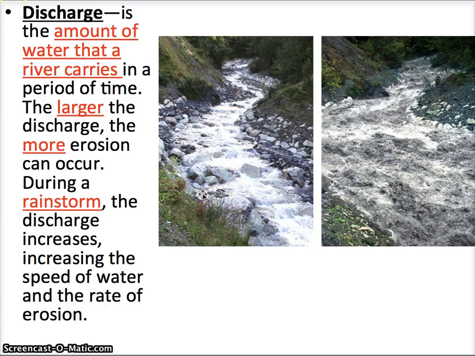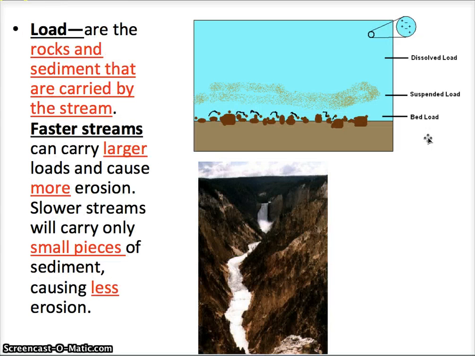But on a rainy day, there's going to be an increase in the amount of water, so the discharge is going to increase. And you can see right here, because there's so much more water, there's more force involved, and that's going to cause more erosion to occur in this river.